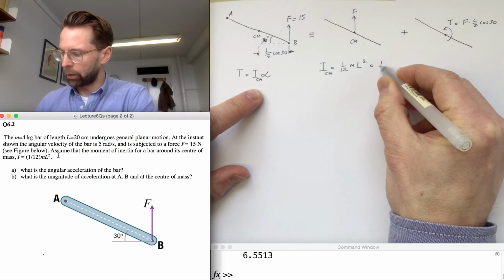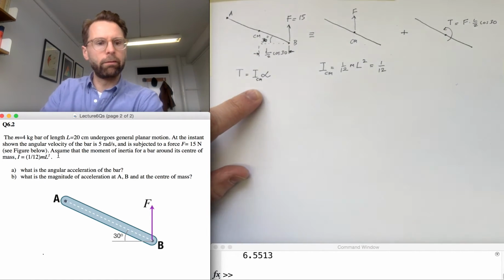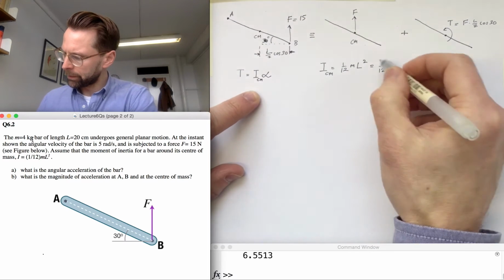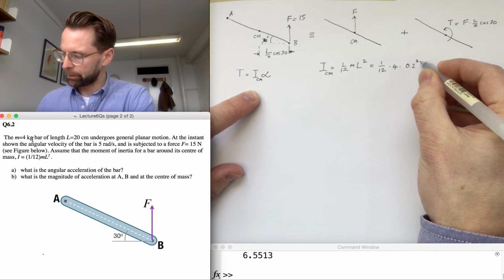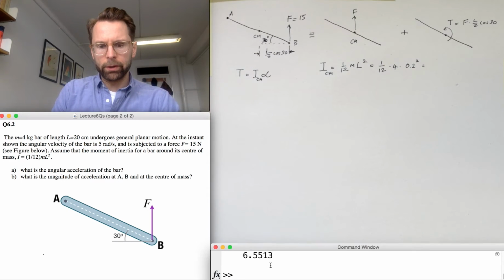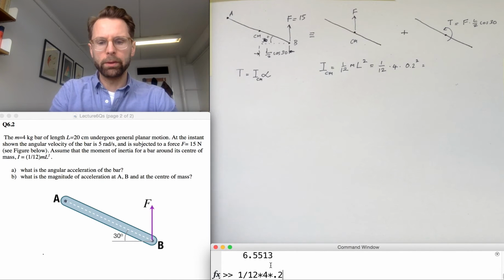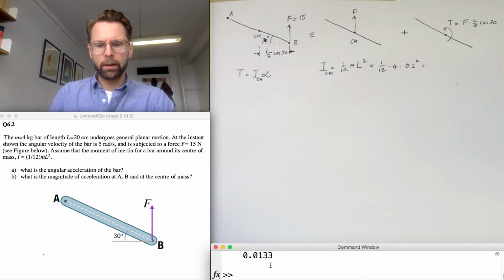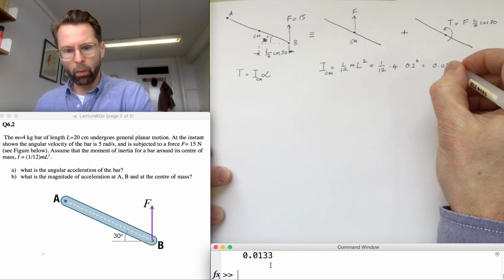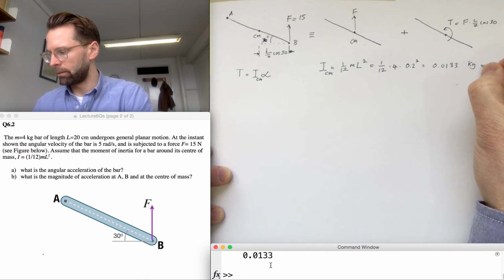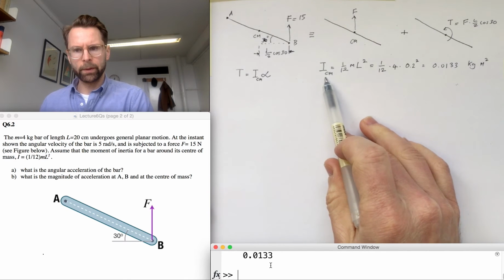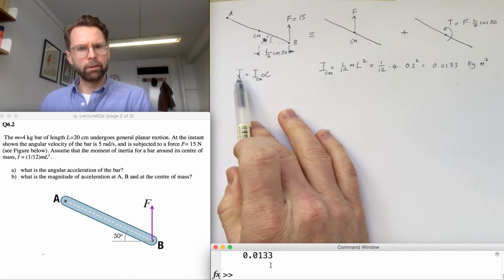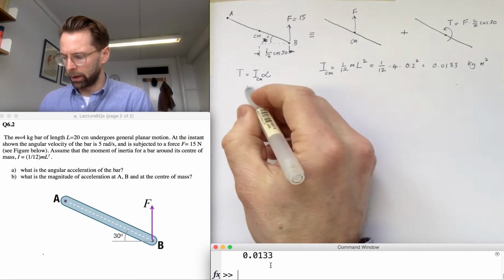So from the question we're told that the mass is 4 kilograms and the length is 20 centimeters. So our moment of inertia is 1 over 12 times 4 times 0.2 squared, 0.0133 kilogram meter squared. So we've got the moment of inertia. We know what the torque is around the centre of mass, therefore we can work out what the angular acceleration is.